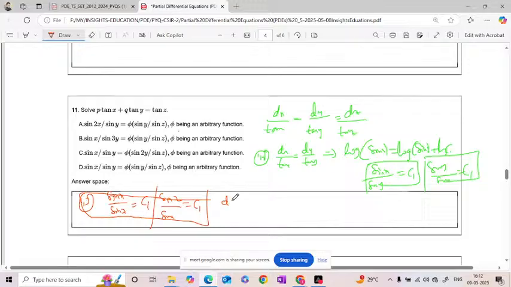That means dy by tan y is equal to dz by tan z. So here the solution we will get is sin z by sin y is equal to constant.